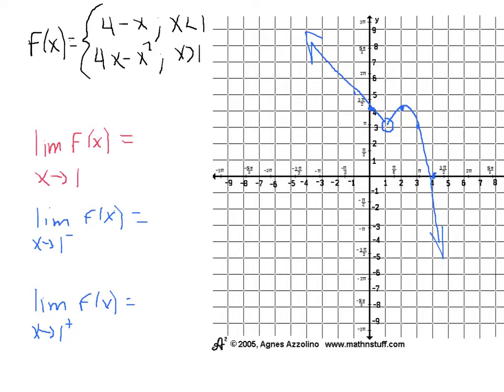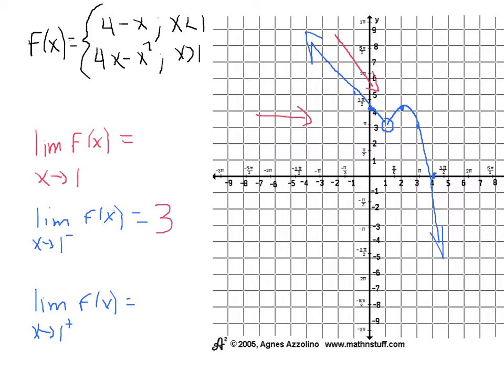So the limit of f of x as x is approaching 1 from the left. As I'm approaching from the left, I'm following this piece of the graph, and that appears to be going towards a value of positive 3.